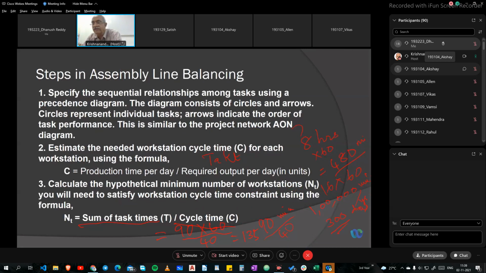So here we calculated this and gave the example of how we end up doing it.